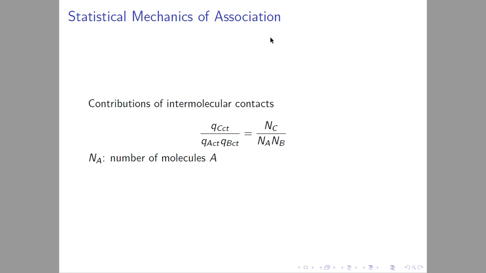So here we can replace Q_CT in the previous equation with the number of molecules A, B, and C. This is from our stoichiometry, so we can find the number of molecules of A that react with B to become C. So we get this contribution from intermolecular context.